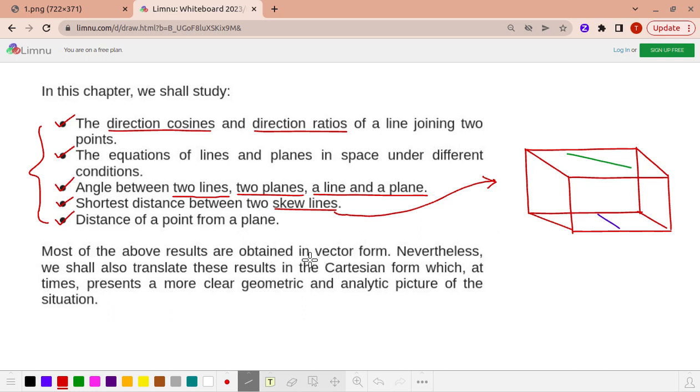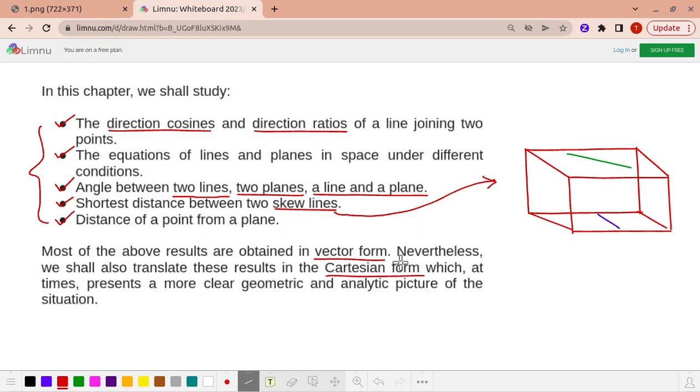Now to make these things well understood from a clear geometric point of view, and to get a proper analytical picture, we will translate those results obtained in the vector form into the Cartesian form as well.